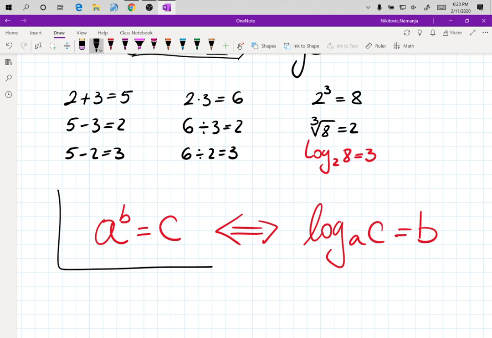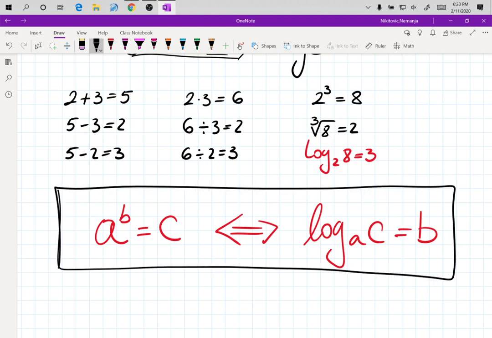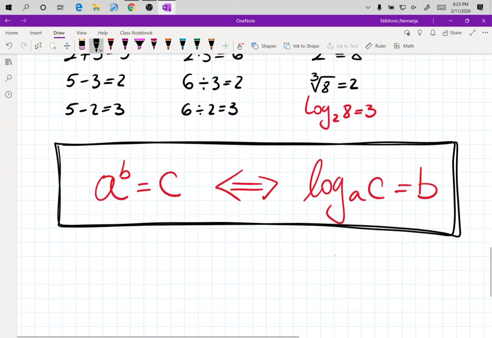This is the most important formula of logs, because this formula is the one that converts one world into another world. And this is also where we see that they're inverses of each other and all of those good things.